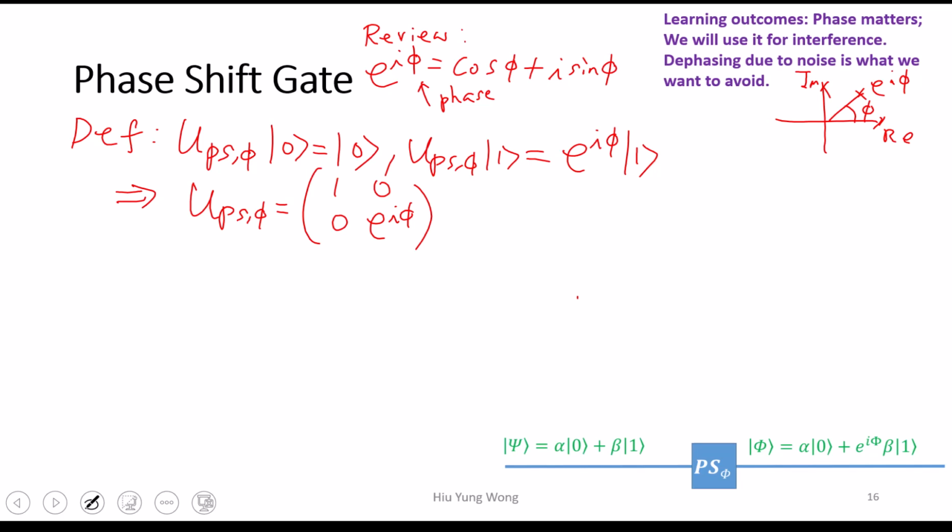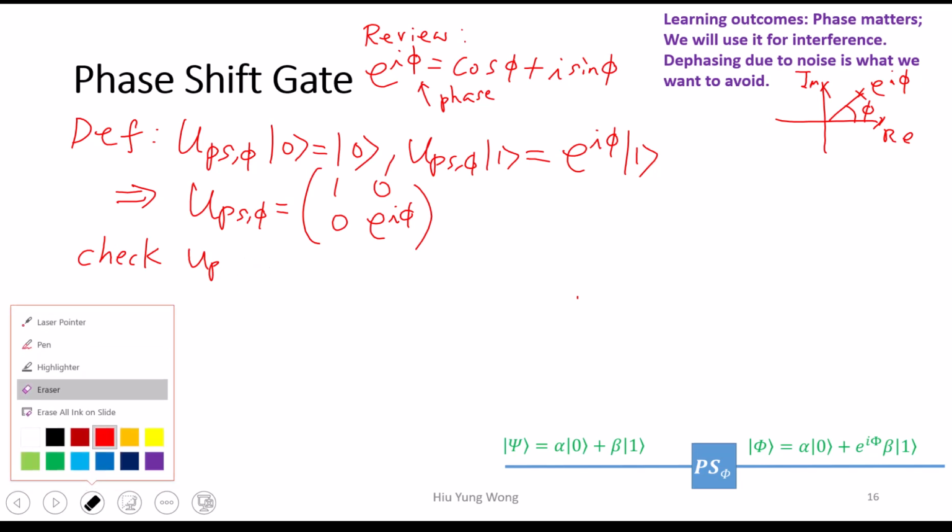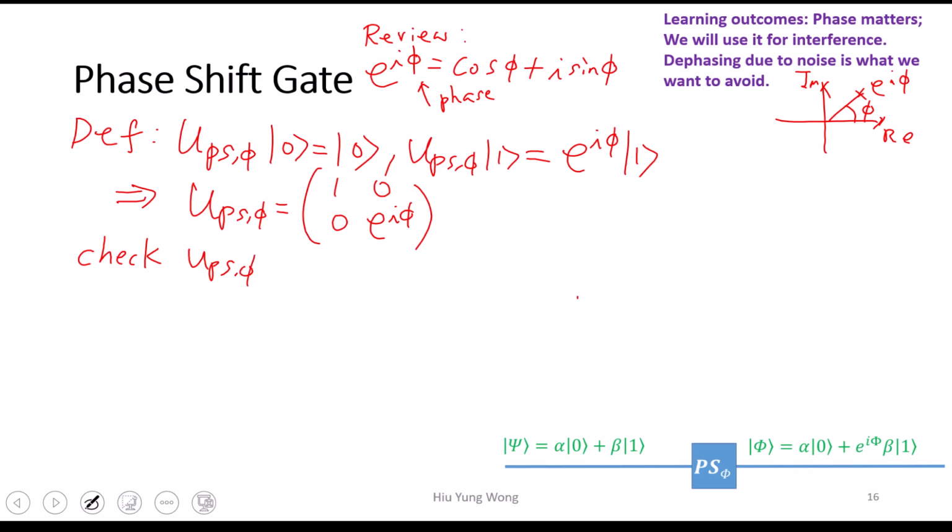Let's first check if this is correct actually. The phase shift gate applied to 1. What is this? 1, 0, 0, e to the i phi. Again, what is 1? 0, 1.